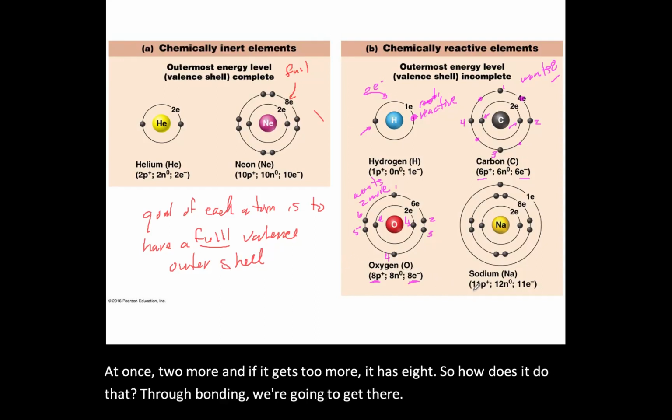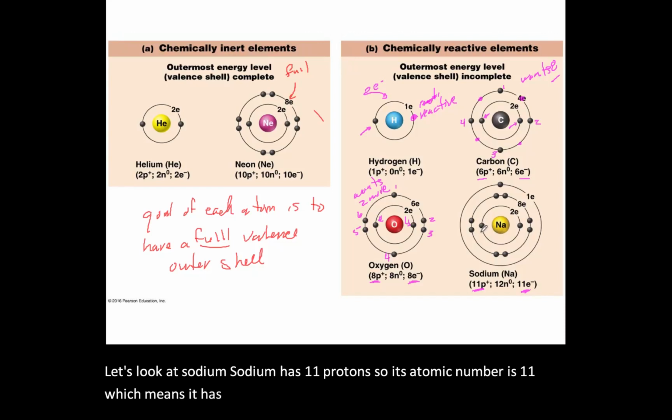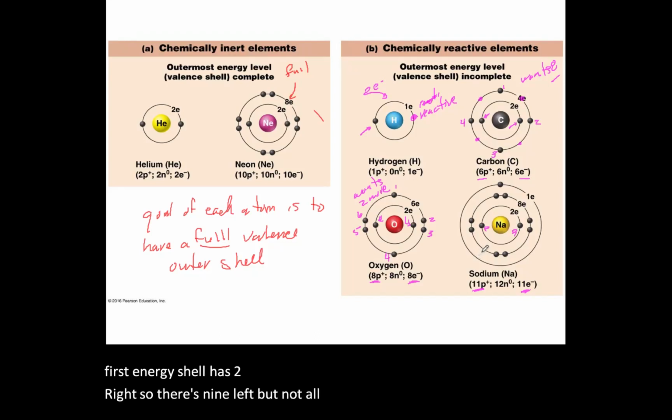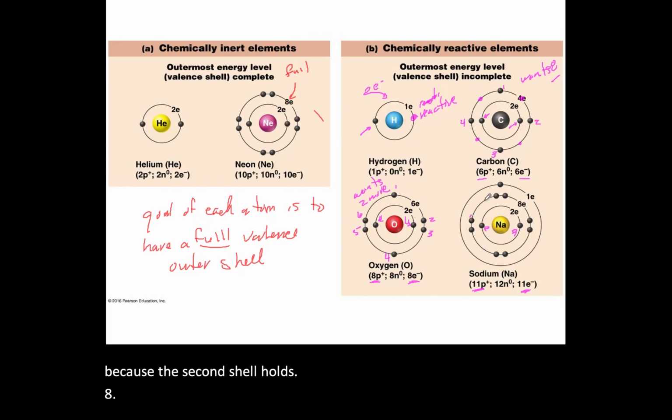Let's look at sodium. Sodium has 11 protons, so its atomic number is 11, which means it has 11 electrons. What does that mean? Well, it means the first energy shell has 2. So there's 9 left. But not all 9 can fit on the second shell because the second shell holds 8. 1, 2, 3, 4, 5, 6, 7, 8.